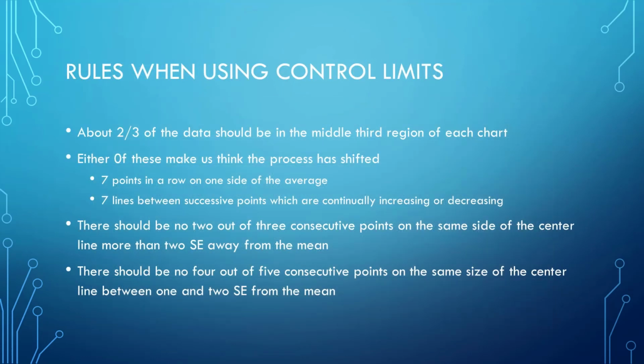The rules for how you decide when the process is out of control are a little bit different when you use control limits as opposed to warning and action limits. Basically, they care about whether things are 1, 2, or 3 standard errors away from the mean. And so as much as what we've calculated is 3 standard errors away, 2 standard errors away and 1 standard error away matter as well.